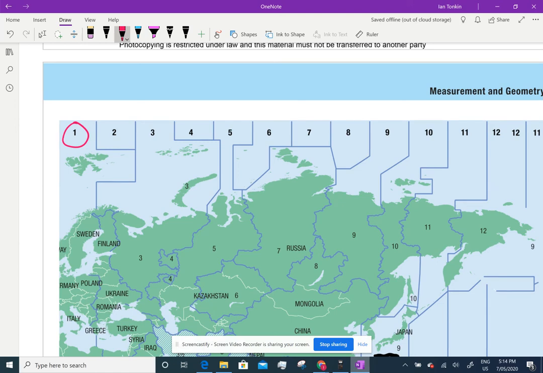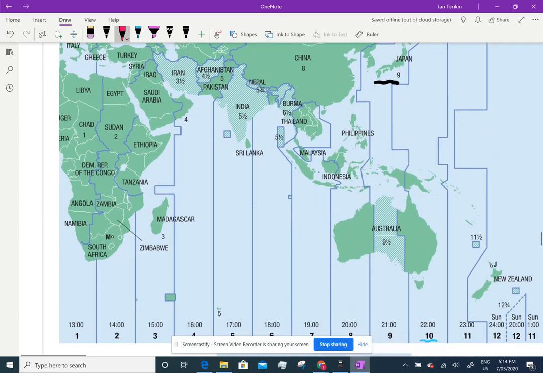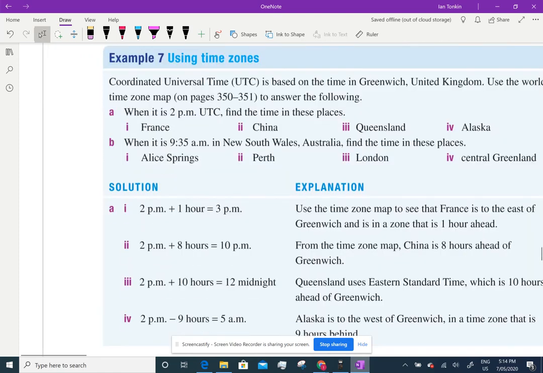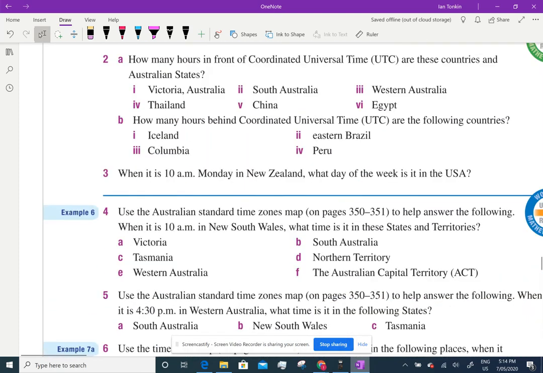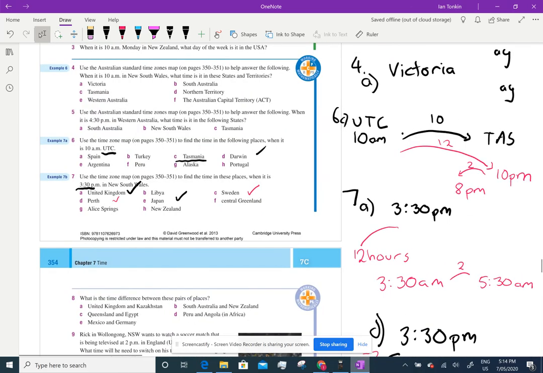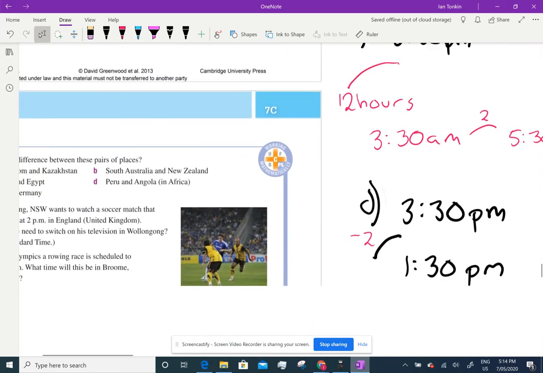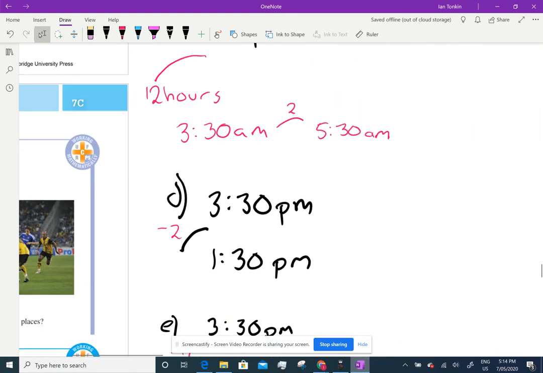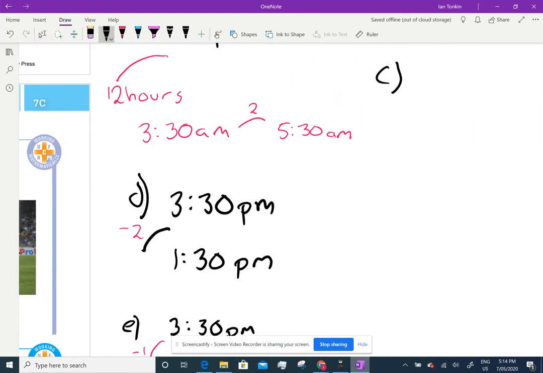And we're 10 hours in front. Okay. So to get to Swedish time, we have to go back 9 hours. So here's C. It's 3:30 where we are, and we have to go back 9 hours.